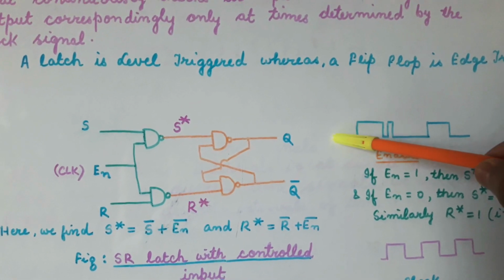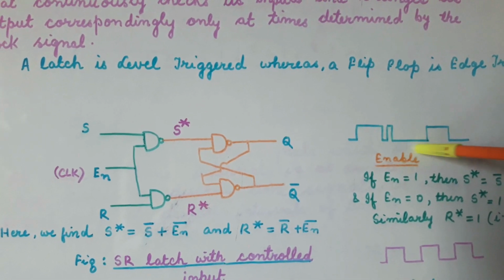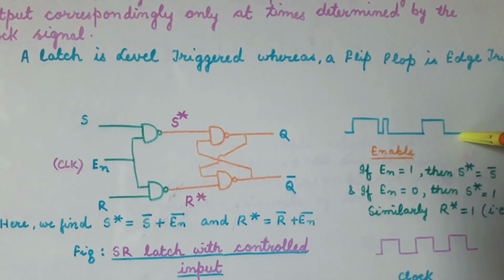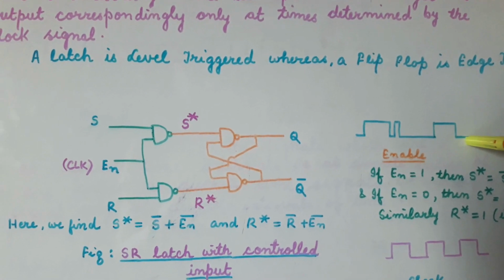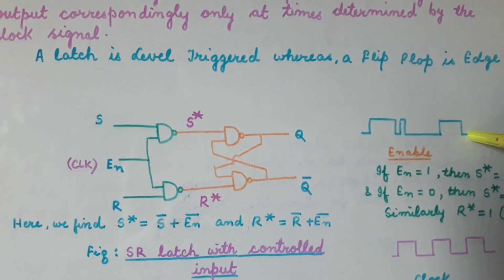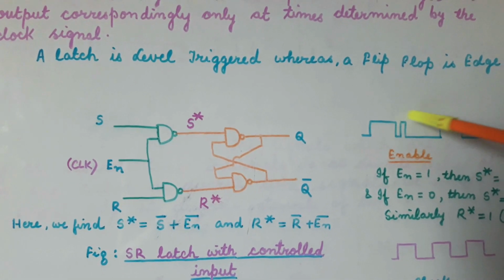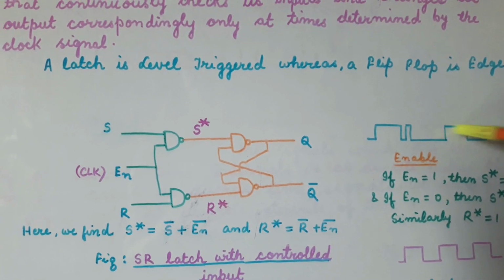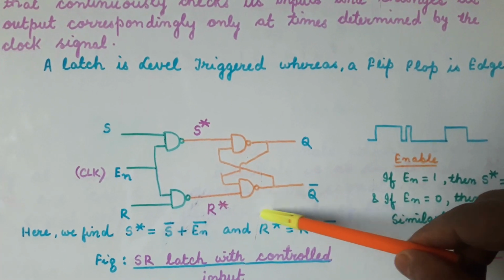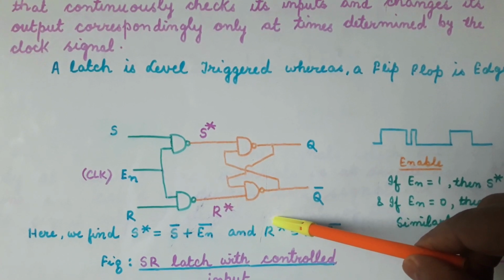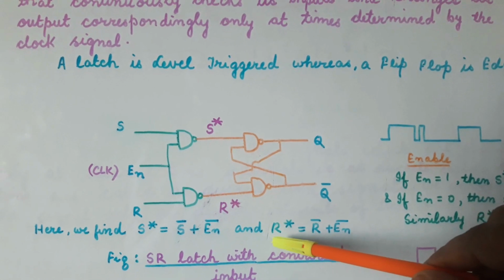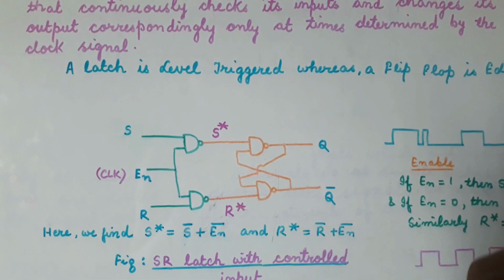That is, for this period, for this period, for this period and for this period, the circuit will not be operational. So, whenever the enable is high, then this latch will be operational. Now, let us see what happens in the case of a flip-flop.